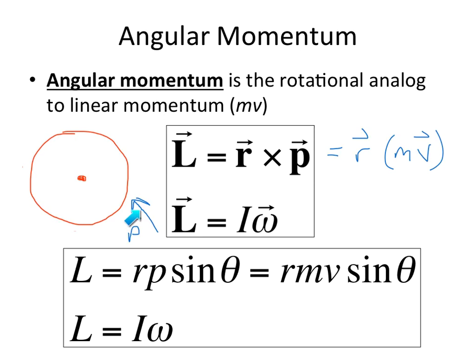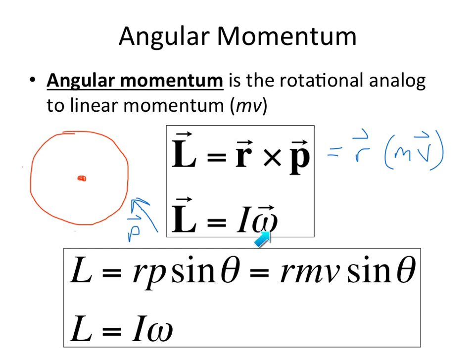Incidentally, the way we can calculate angular momentum is radius times mv. Or, in the same way that mass times velocity is linear momentum, moment of inertia, this I, is our rotational analog to mass, and our omega is our rotational analog to velocity. That's our other way of stating angular momentum. So angular momentum is either radius times linear velocity, or linear momentum, or it can be stated as I, moment of inertia, times our angular speed, omega.